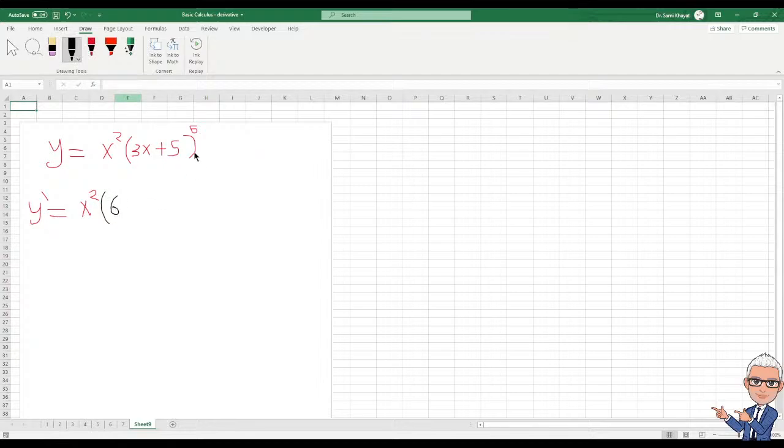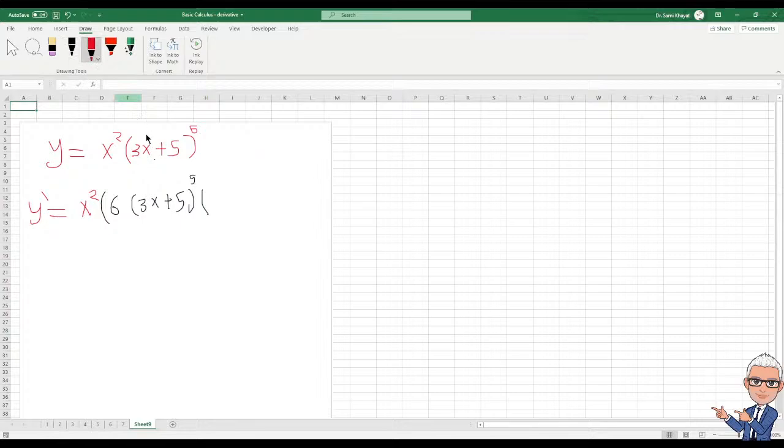This 6 times (3x plus 5) to the power 5, because 6 minus 1 is 5, times the derivative inside.